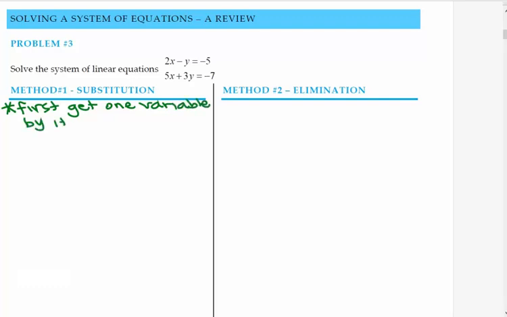So you're looking to see if there is one of the variables that's easy to get by itself. All right, so looking at both of these equations, which variable do you think would be easiest to get by itself?